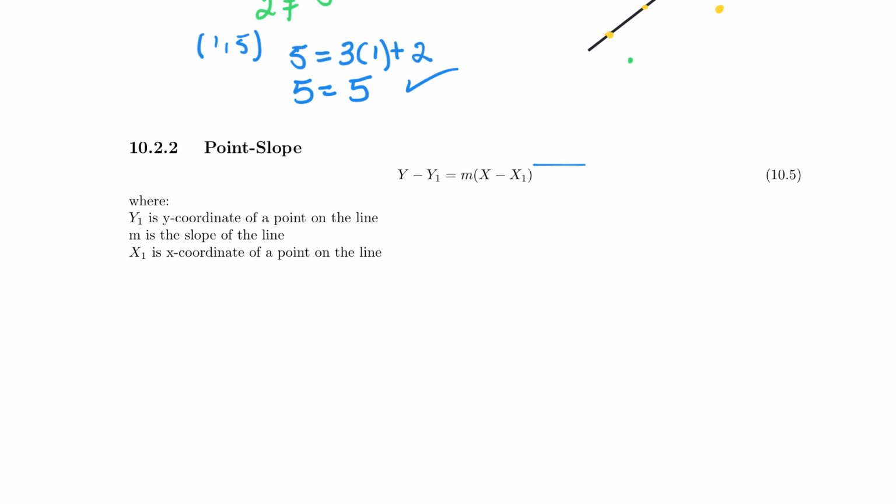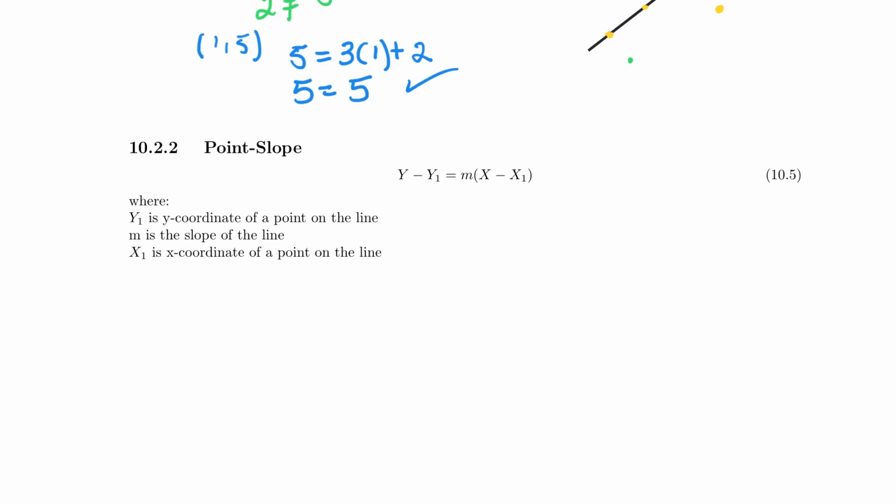Okay, so let's see the other type of line equation. We have the point slope equation, and what this equation says is that y minus y1 is equal to m that multiplies x minus x1. Okay, so y1 is the y coordinate of a point on the line, m is the slope, and x1 is the x coordinate of a point on this line.